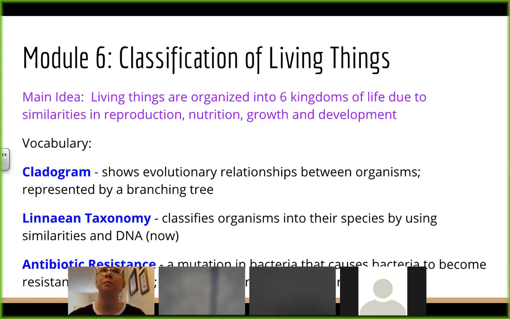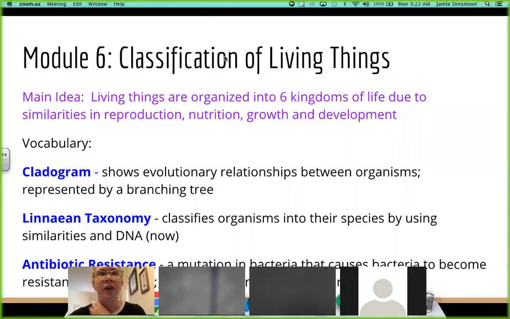So for example, if we have 4 organisms, I'm going to try to draw on this thing. Let's see how it works for me. So we're going to make a cladogram. Let's say we have a fish, a bird, and a frog.